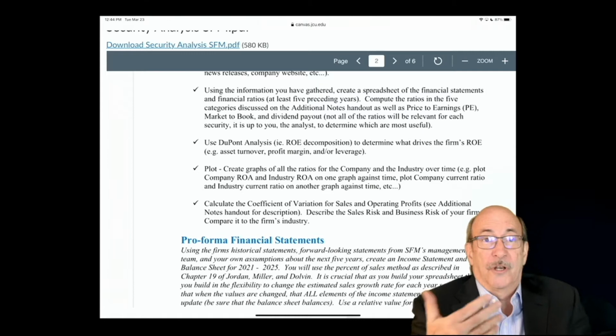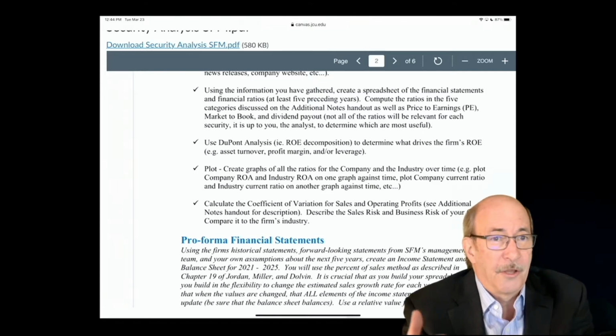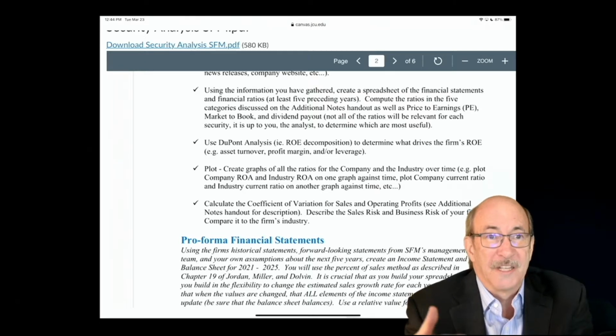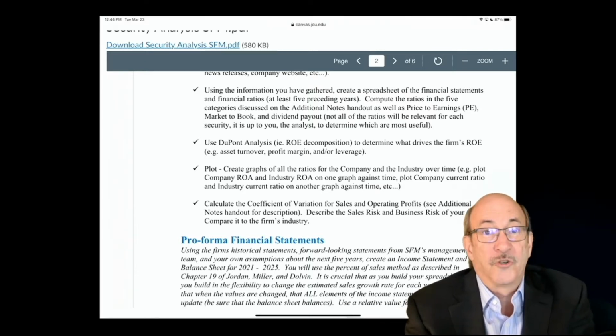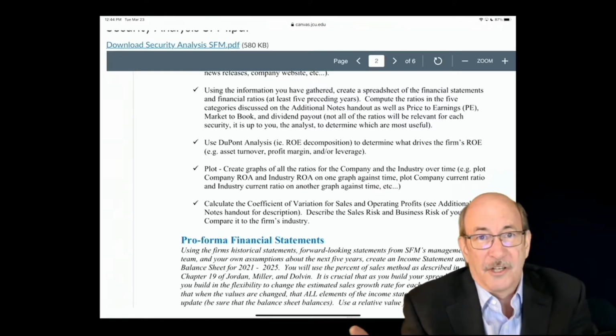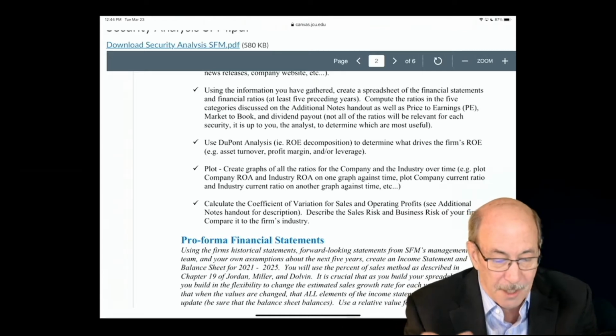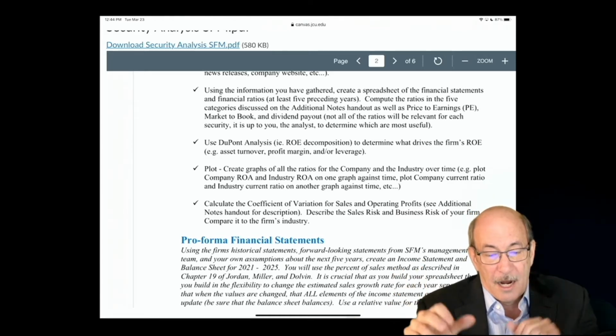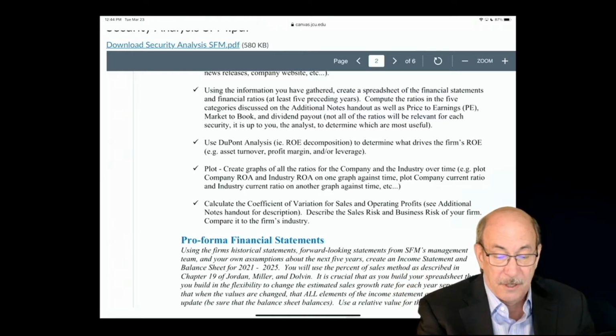And then we're also going to go back to the 10K or any other management discussion that we can find and find out whether management is cognizant of these weaknesses or strengths and what they're doing to remedy them if they're a weakness, what they're doing to take advantage and leverage them if they're a strength. So that's what that DuPont analysis, or AKA ROE decomposition, is all about.